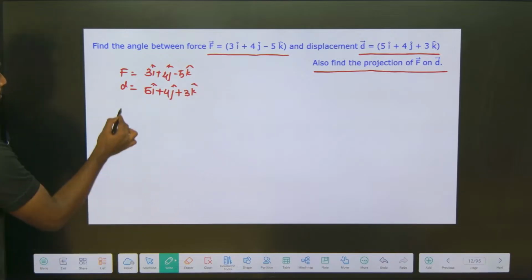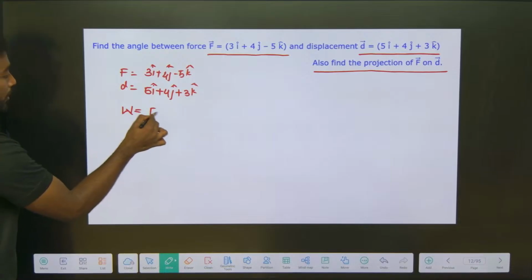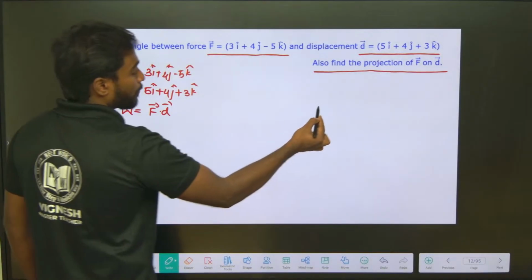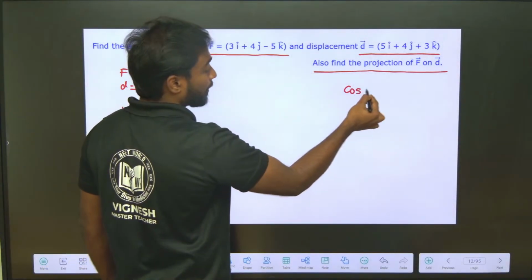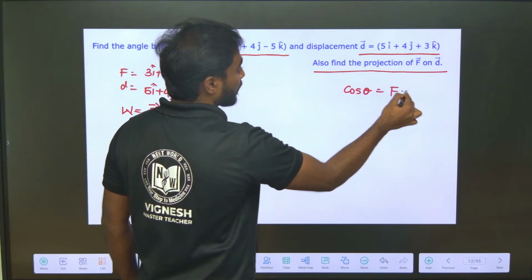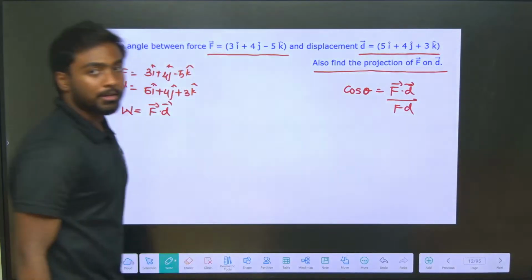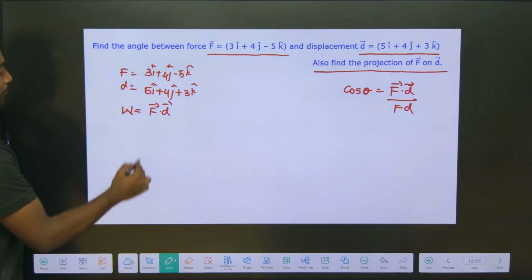So work done is equal to F dot D. To find the angle, cos theta is equal to F dot D by FD. So F dot D first.